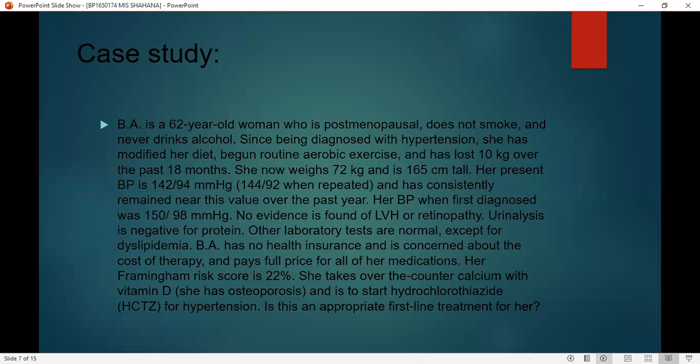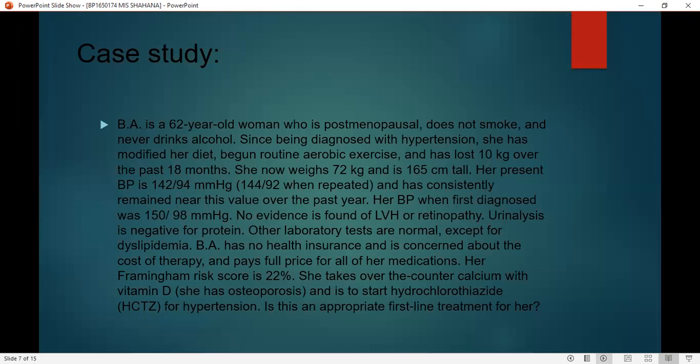She now weighs 72 kg and is 165 cm tall. Her present BP is 142 by 94 mmHg and 144 by 92 when repeated, and has consistently remained near this value over the past year. Her BP when first diagnosed was 150 by 98 millimeters of mercury.